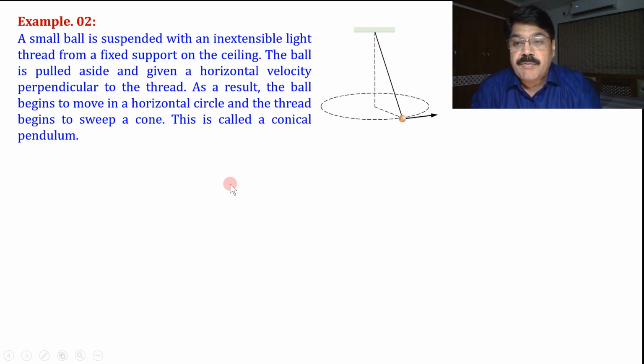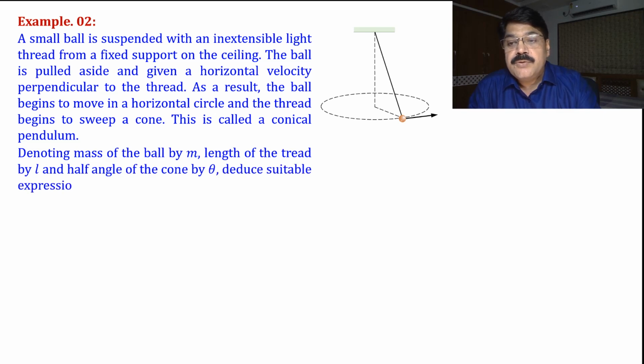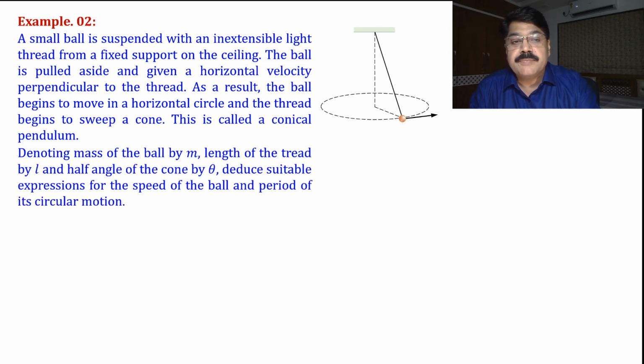Now what do we have to calculate? Denoting mass of the ball by m, length of the thread by L, and half angle of the cone by theta, deduce a suitable expression for the speed of the ball and period of its circular motion. Now, as we do in all the problems, we first try to visualize the process, and what we visualize, let's document it.